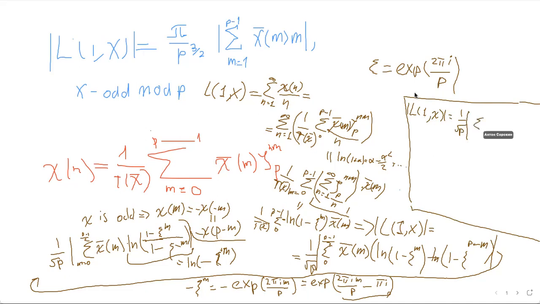There is our old sum of the value of our character at m multiplied by this.